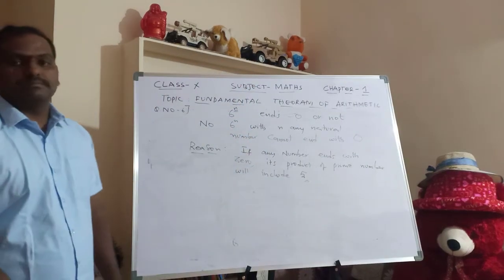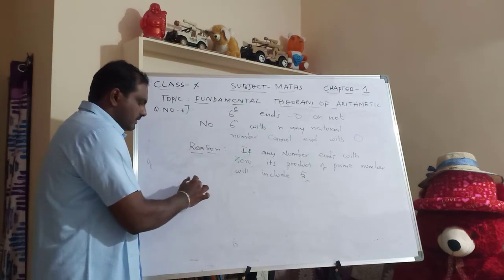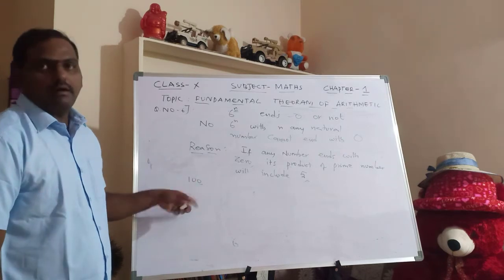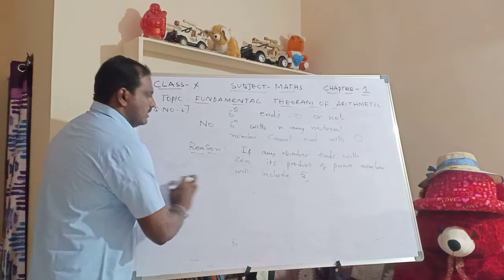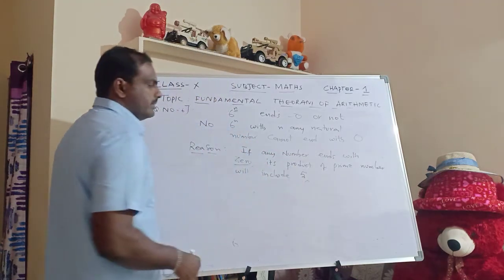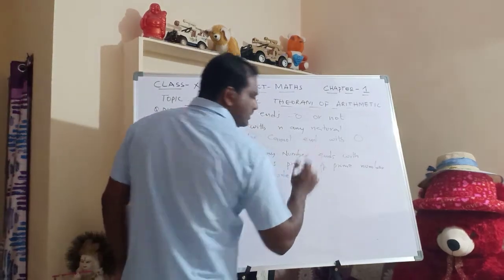Certainly 5 will be there. Because if a number ends with 0, what we have learned in the previous classes, it is divisible by 10 and 5, both. So therefore, if any number ends with 0, when we are writing it in terms of product of primes, it must include 5.